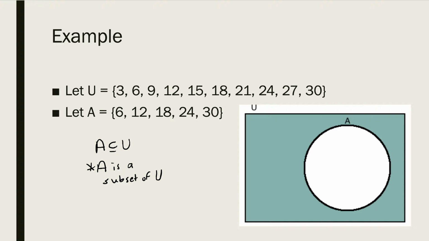So if I look at the beginning of set A and it starts with a 6, 6 is also in U. And 12 is in U. And 18 is in U. 24 is in U. And 30. So every element in set A is also in U.